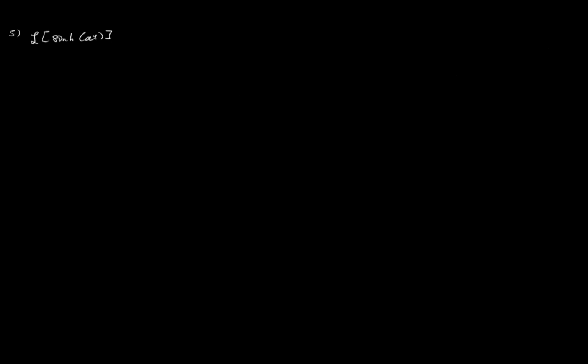Alright, now for the fifth proof, we have the Laplace of sinh of the argument at. You need to know that the Laplace of sinh at is equal to a over s squared minus a squared.